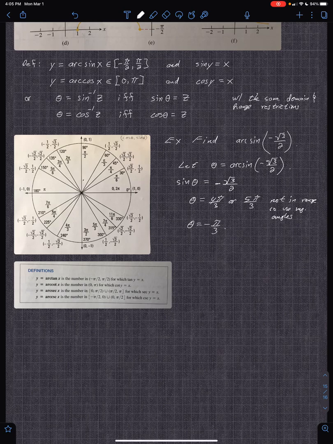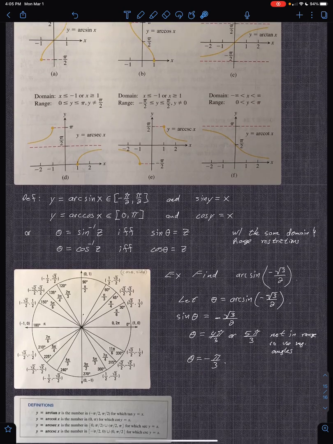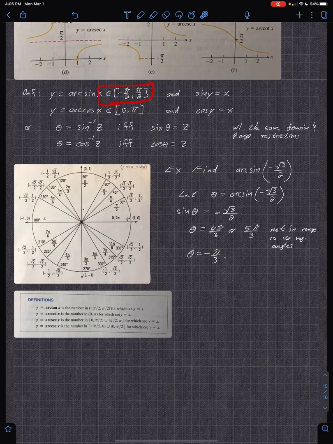And there will only be one when you talk about inverses of sine, cosine, tangent, etc., because it's one-to-one. It's not like you have two different situations. You can't have both of those. This one is not in the range at all. This one is the location of it, but you have to use the negative case because that is how it's defined. And again, I'll show you, it's right here. So your arc sine has to be in that set for your theta.